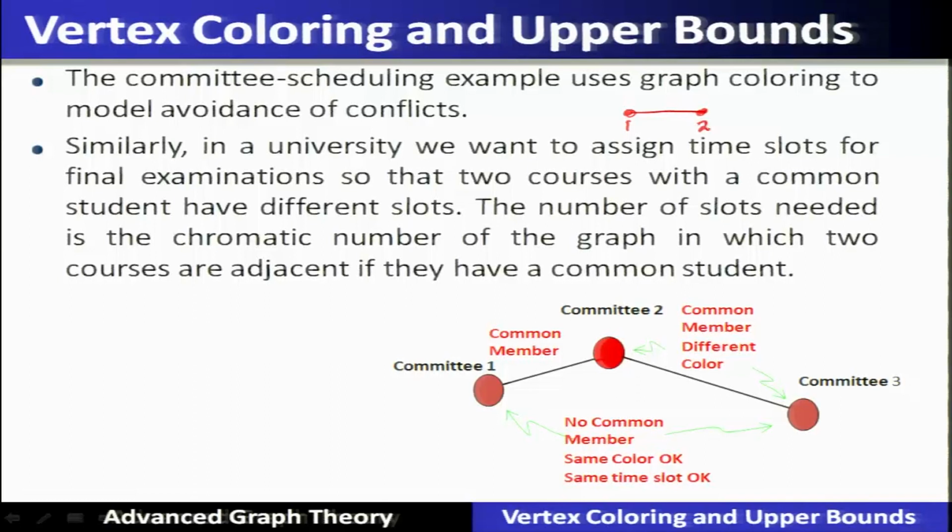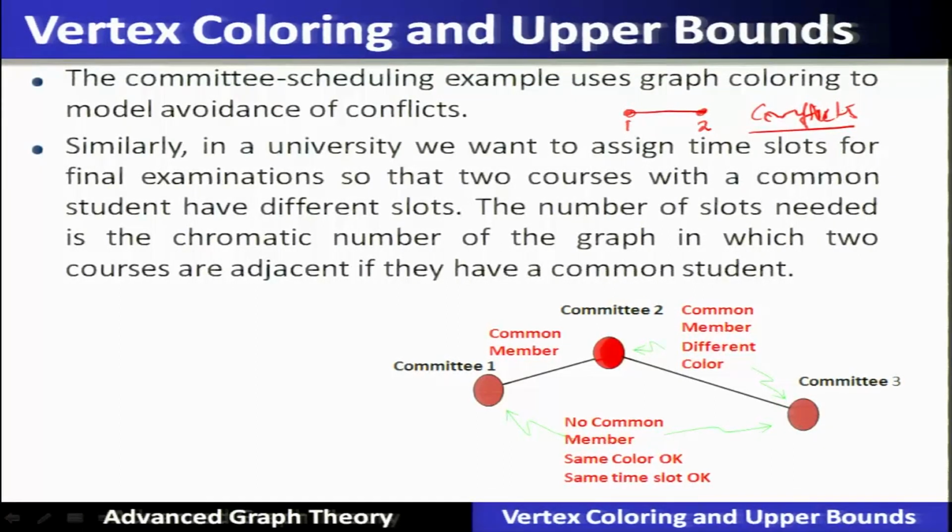So the graph which we form out of these conflicts, which will model the conflicts, can be applied graph coloring, so that we can schedule different committee meetings with a minimum number of slots.